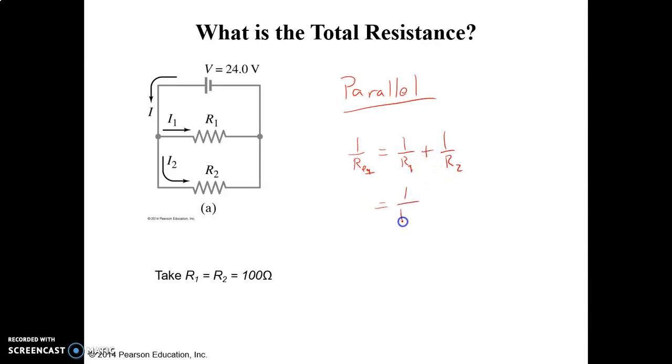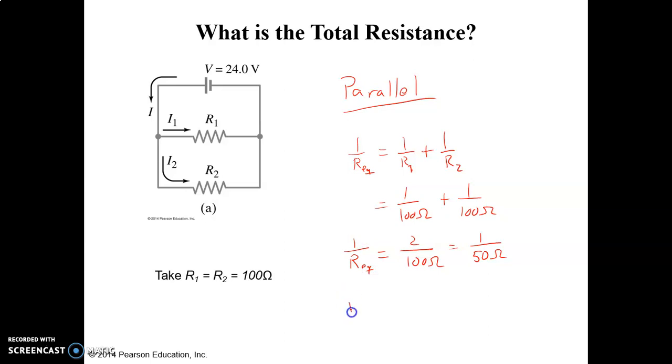All right, so that's 1 over 100 ohms plus 1 over 100 ohms. That'll be 2 divided by 100 ohms. Now, remember, we could simplify this, that's fine. You could simplify it now or later, it doesn't matter. But it simplifies to 1 over 50 ohms. But remember that this is equal to 1 divided by your equivalent resistance.